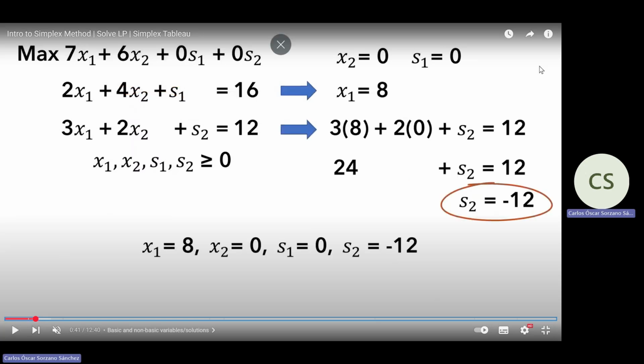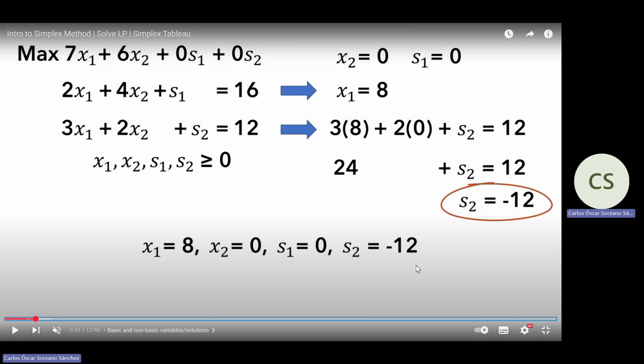Okay, so x1 takes value 8, and now x1, that is 8, you substitute here, x2 is 0 by assumption, so it has to be that s2 is minus 12. So you have found this solution starting with x2 equals 0, s1 equals 0: you have found 8, 0, 0, and minus 12.